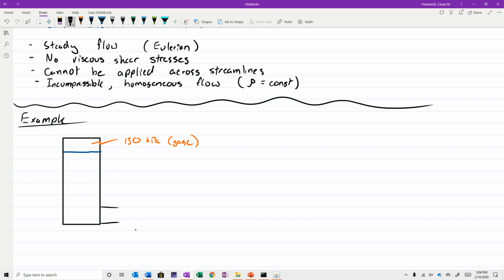And then the bottom of this tank has an exit pipe that goes through a reducing valve, and exits to the atmosphere here. We'll say that there's a 5-meter elevation difference between the top of the water in this tank and where it exits through this jet.